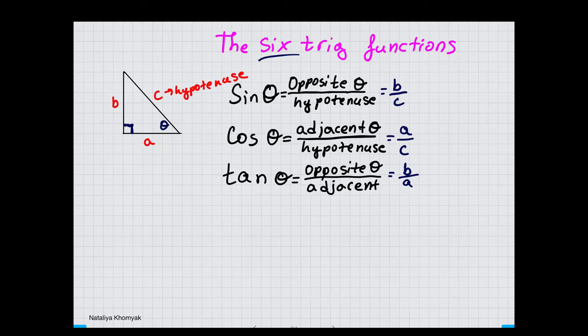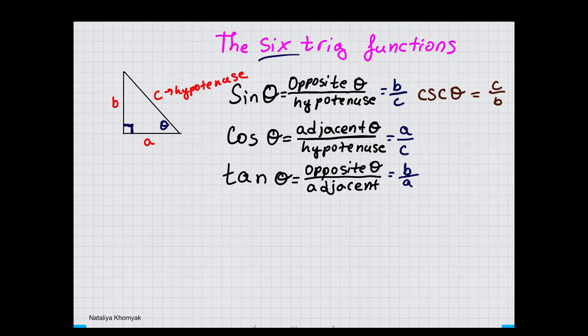The other 3 are reciprocal, meaning you flip the fraction. So sine has reciprocal of cosecant of theta, and you just flip this ratio, we get c divided by b. So it's a hypotenuse divided by the opposite side.